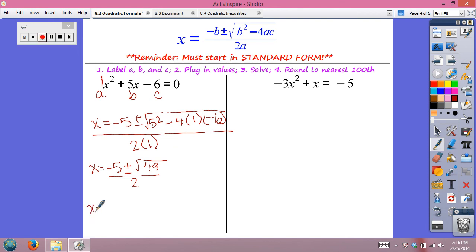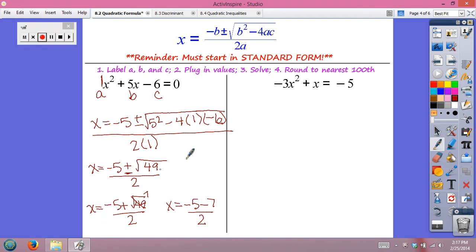So we have x equals negative 5 plus the square root of 49 over 2, which we know is 7. And that's why it's plus or minus. And we have x equals negative 5 minus 7 over 2. So these are our two answers.